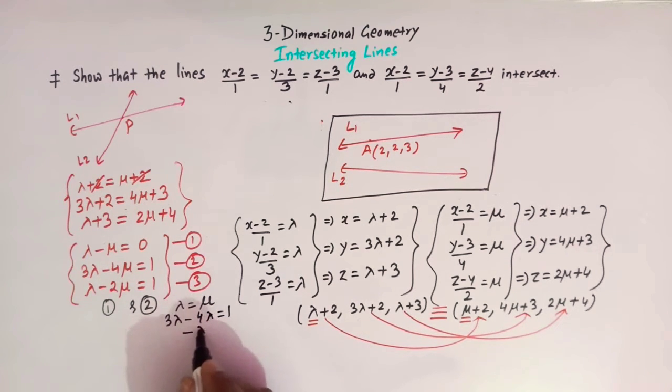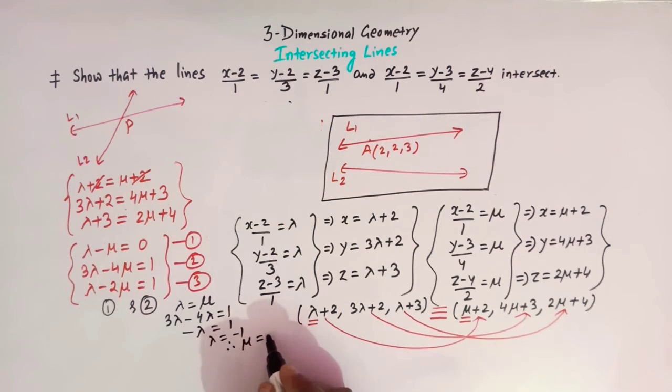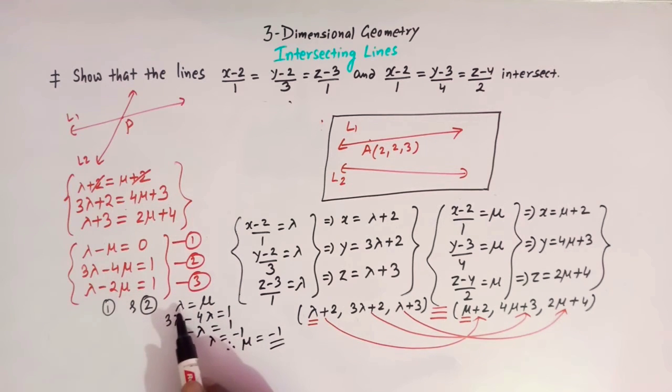So we have minus lambda equal to 1, and we have lambda is equal to minus 1. So therefore mu is equal to minus 1, right? So the values of lambda and mu are both equal, right?